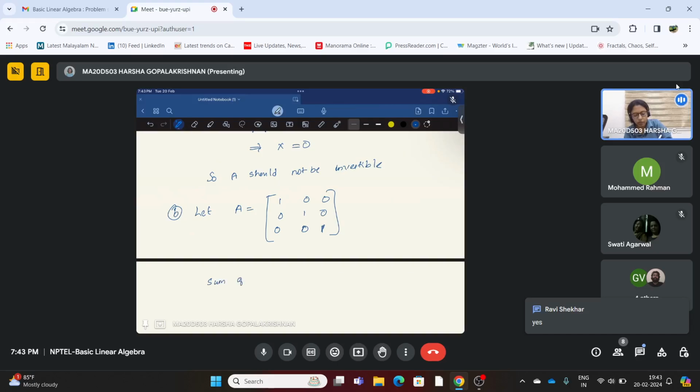Sum of row entries equal to 1 and A invertible. But can I conclude it for the general case? I have given one example, it is invertible. Can you find other examples with the sum of entries non-zero, but it is not invertible? Can you think about such an example?